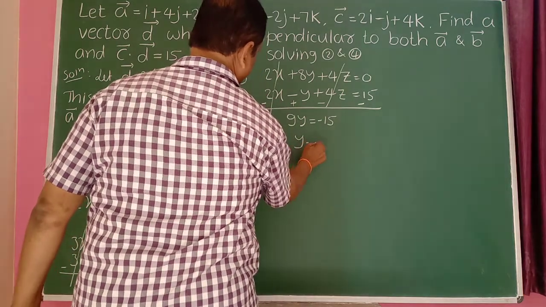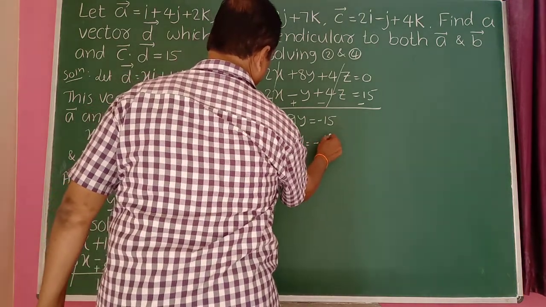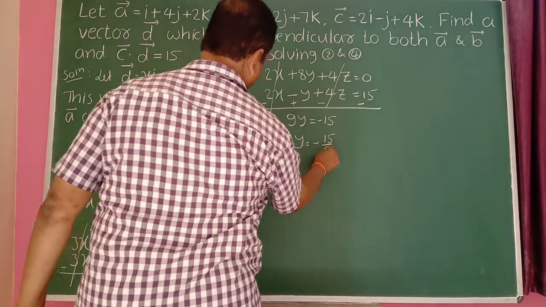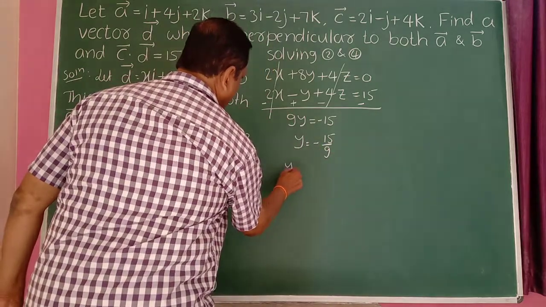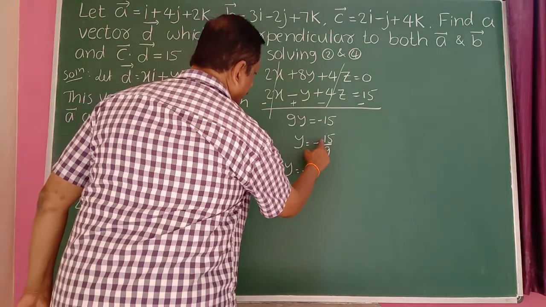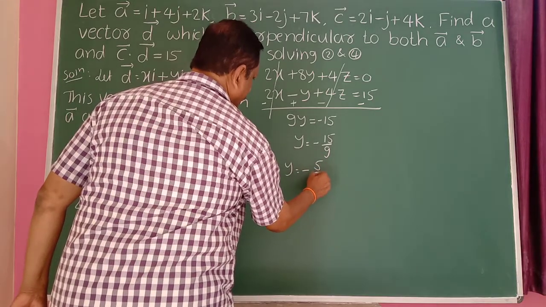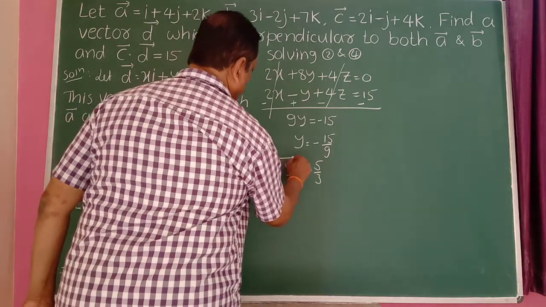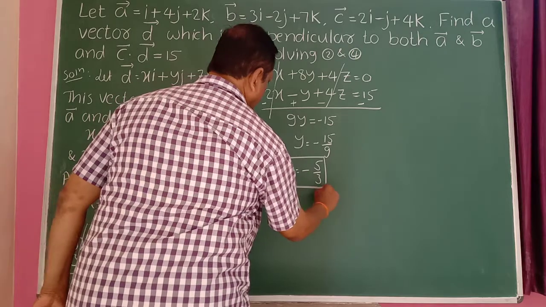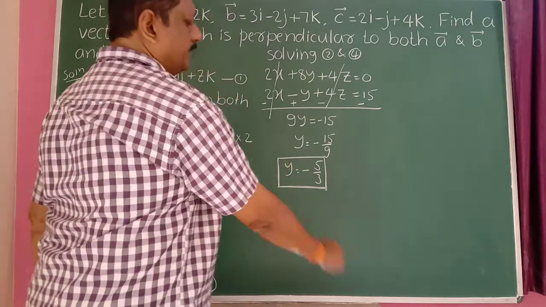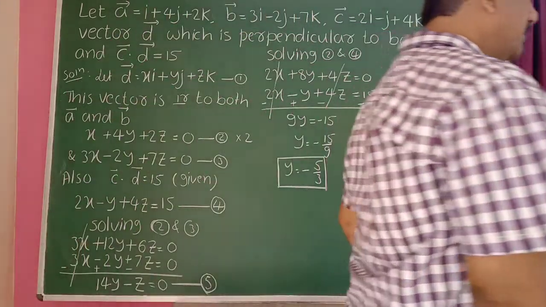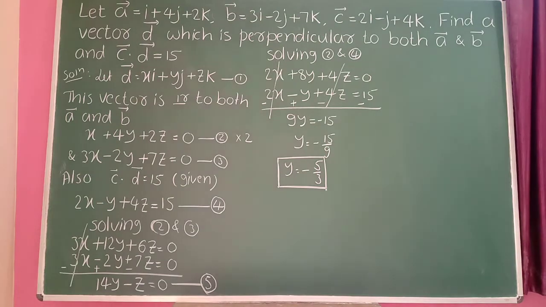So y is equal to minus 15 divided by 9. So therefore the value of y is minus 5 divided by 3.